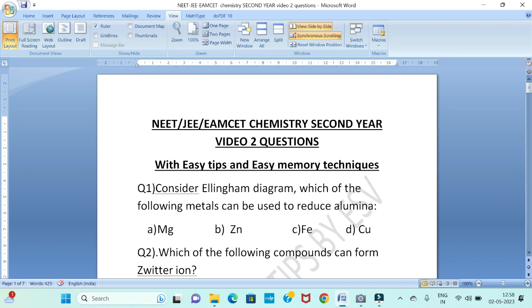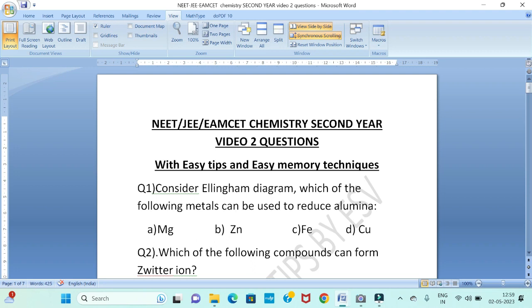Okay. First question. Consider the Ellingham diagram. Which of the following metals can be used to reduce alumina? Option A magnesium, option B zinc, option C ferrous iron, option D copper.